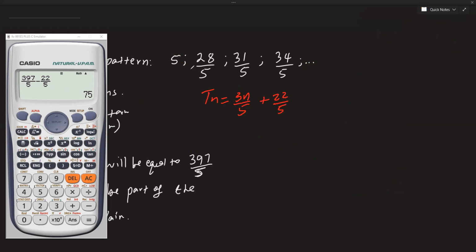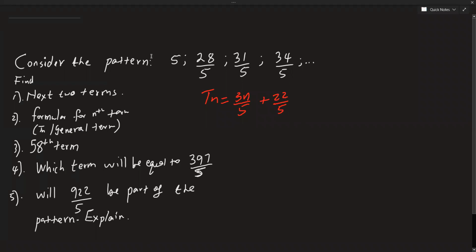Then let's read the last question. On the last question, they say, will this be part of the pattern, right? But this is Tn, you agree? It's not the position, it's the value. So we're going to substitute it here. I'm going to substitute it there for now, and then I'm going to explain what we're trying to get.